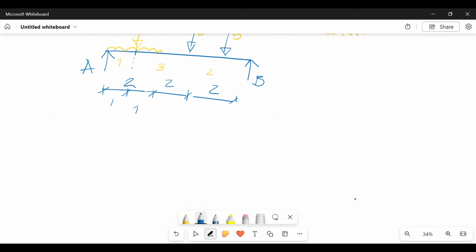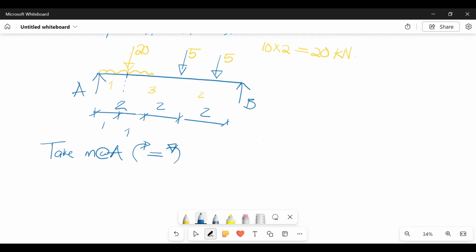Take moments at A, clockwise equals anti-clockwise. Then we have our 20 times 1, plus 5 times 3, plus another 5 times 4.